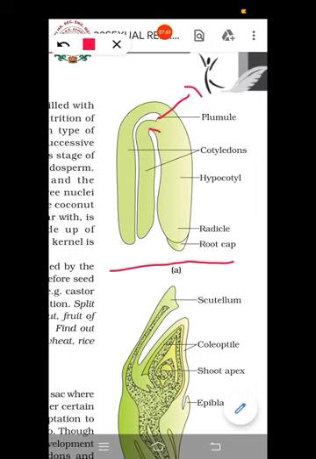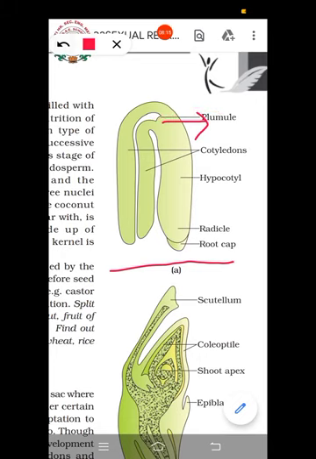Just above that you can see a small part here, it is very small and it is known as the epicotyl, which ends in a plumule. You have studied in 10th class, isn't it? Plumule will give rise to the shoot system. So this part will give rise to the shoot system of the plant later.